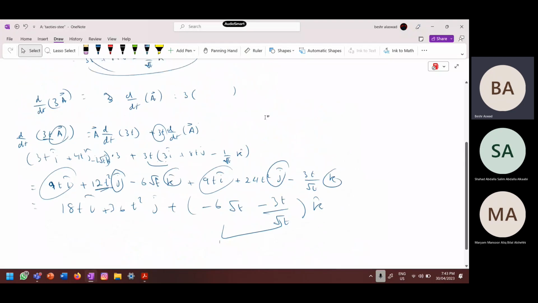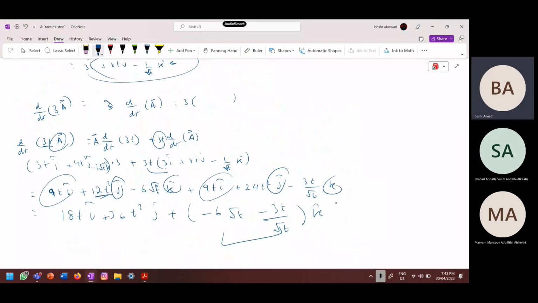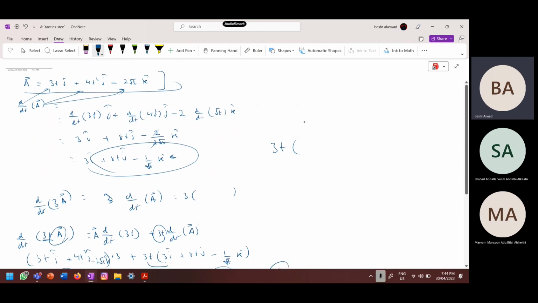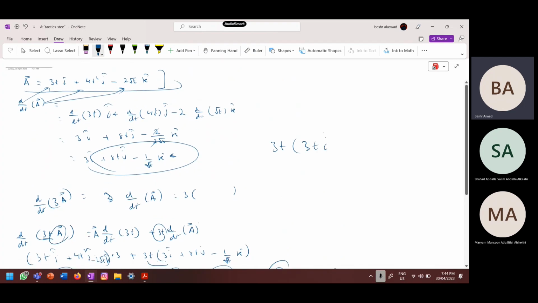It must have the same final answer that you have. What I mean is that you must get 3t inside the actual vector A: 3t i hat plus 4t squared j hat minus 2 square root of t k hat.